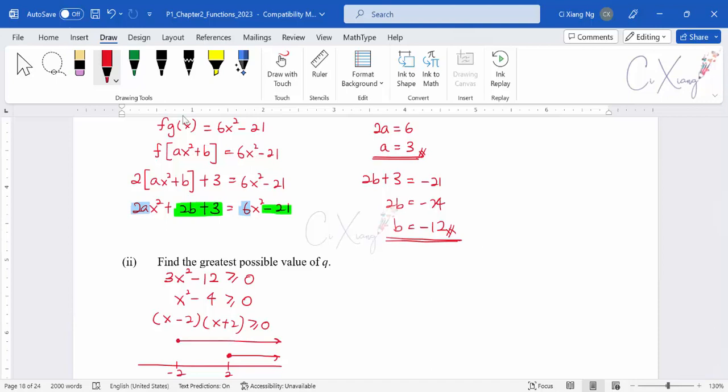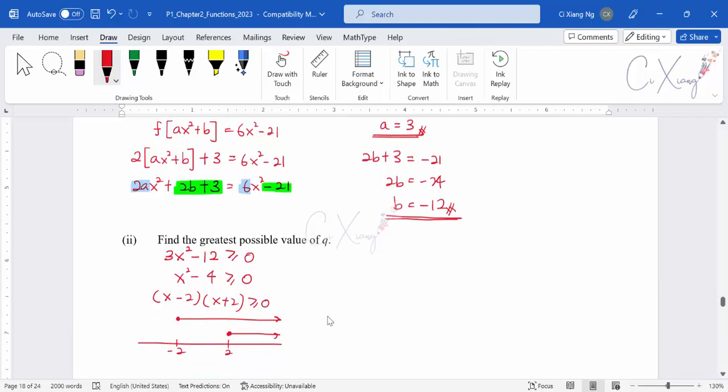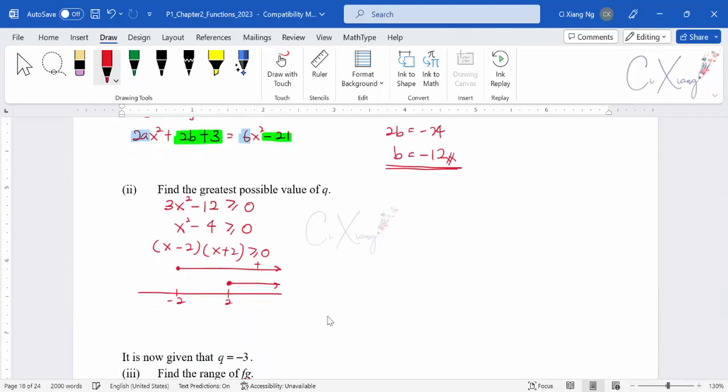I'm looking for greater than or equal to 0, which means I'm looking for positive. So this part is positive, this part is negative, and this part is positive. According to this quadratic inequality, there are two parts to my answer: x smaller than or equal to negative 2, and x greater than or equal to 2.